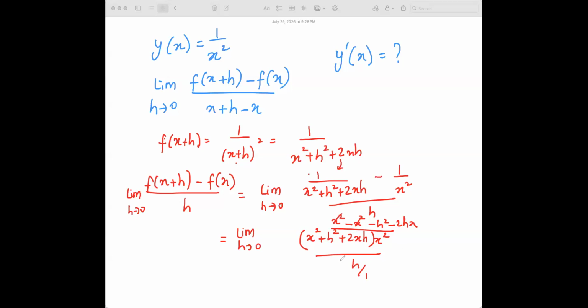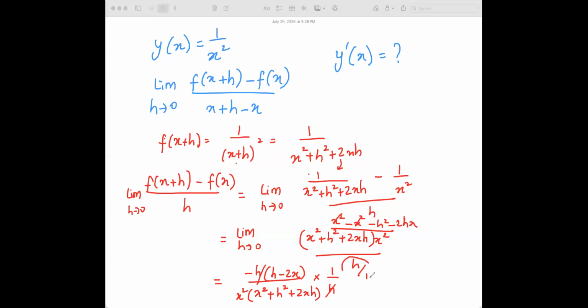Now you're going to take h common on top, minus h common on top. If you take that on top, so h minus 2x, correct? Divided by x square plus h square plus 2xh, and in the denominator there's a times x squared too, and then times 1 by h.